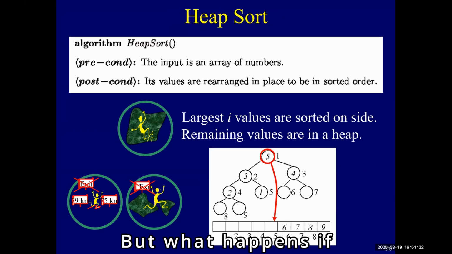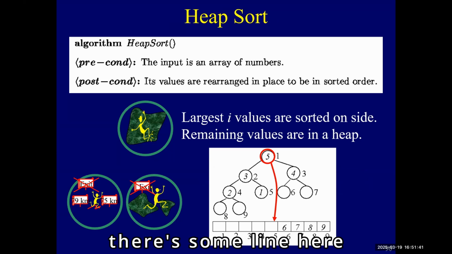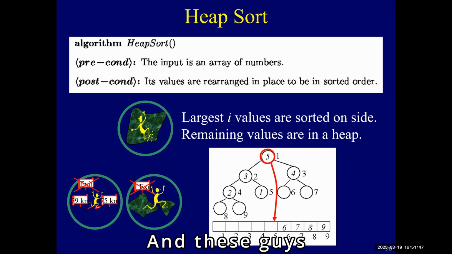Yeah, but what happens if we're doing heap sort, right? What's heap sort? All right. So this is a nice fast heap sort. You put everybody in the array, right? Now we've got a loop invariant. The loop invariant is there's some line here where these guys are sorted, right? And these guys are not sorted, right?